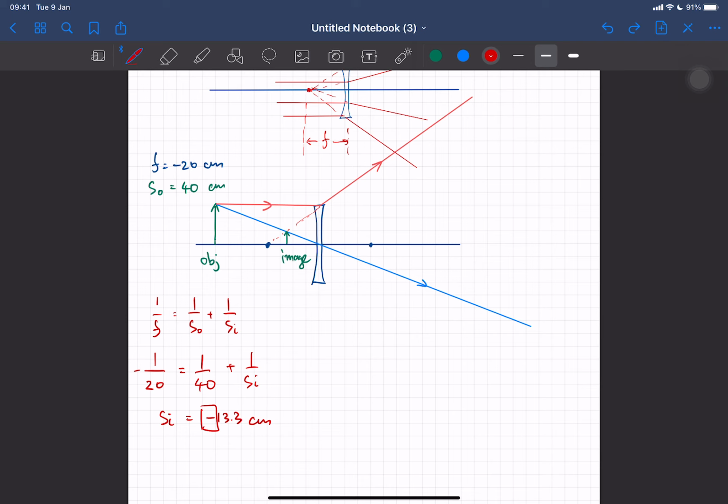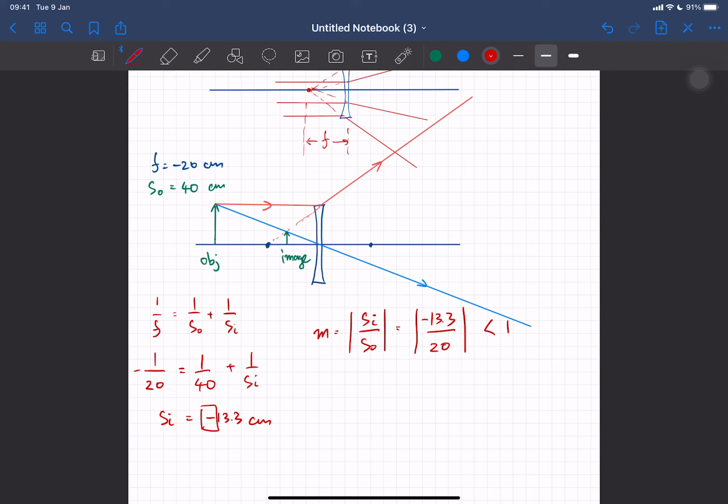In this case, if we calculate the magnification M, which is the absolute value of SI over SO, you're going to see that it makes the object smaller, which is less than 1. So this one doesn't really magnify.